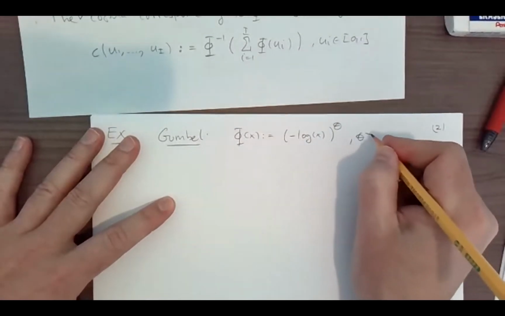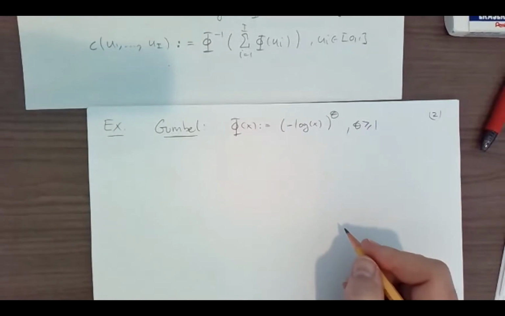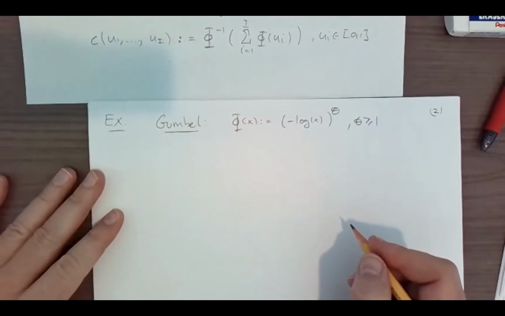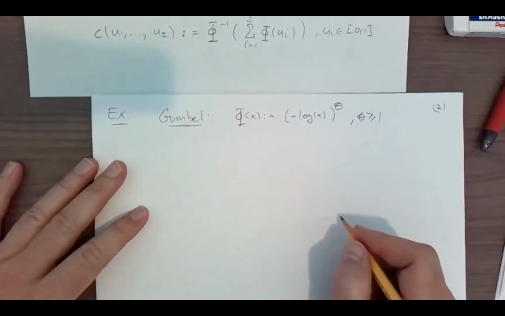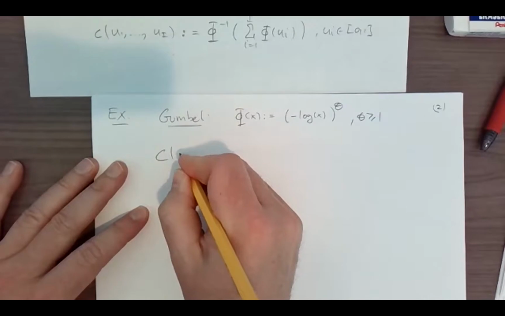I think theta here is bigger than 1. So that would be one example. The other one that is often mentioned is called Clayton.